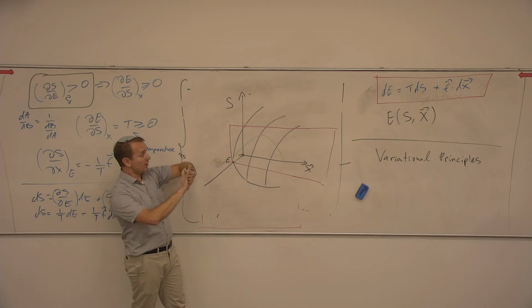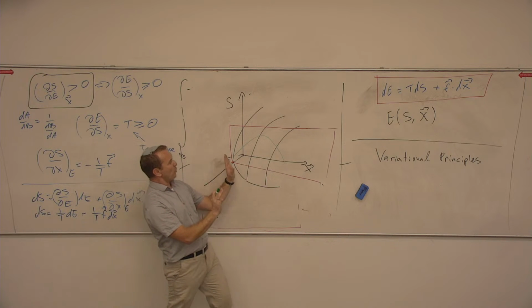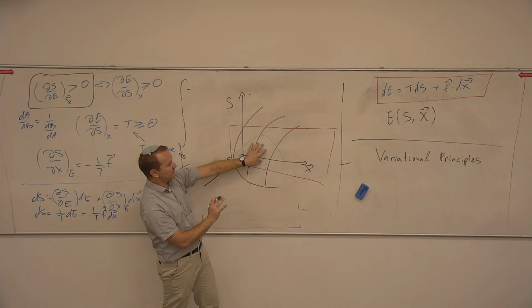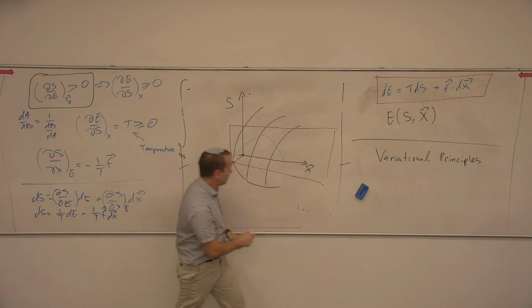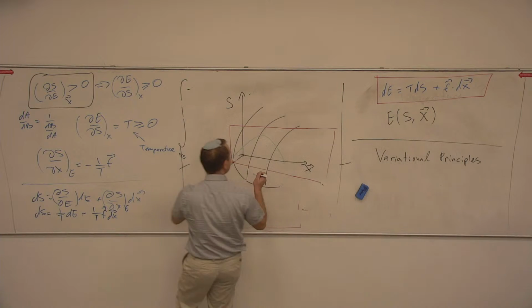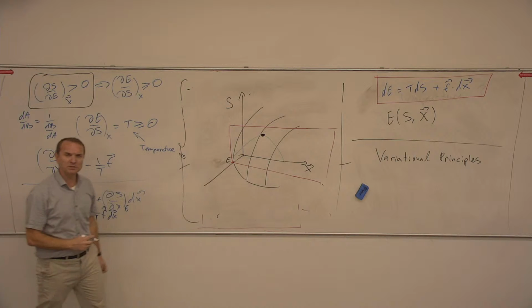So you keep energy constant, and you look at where the hypersurface that describes the entropy cuts the flat surface that describes constant energy. You will see that there is one specific maximal point.